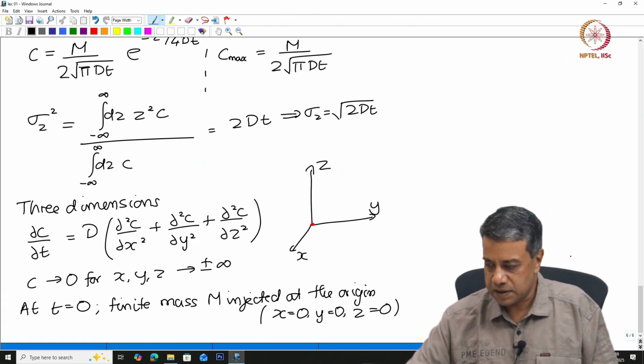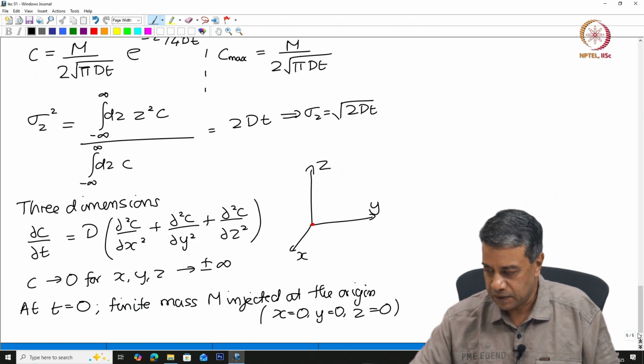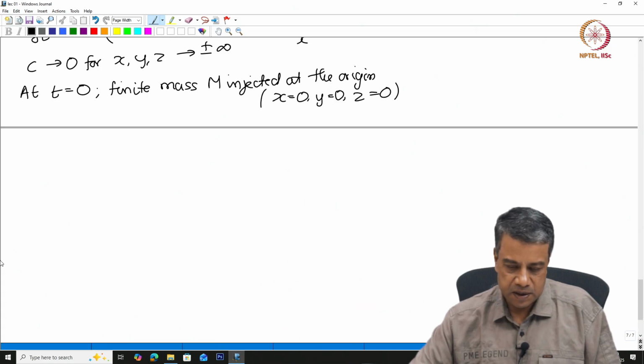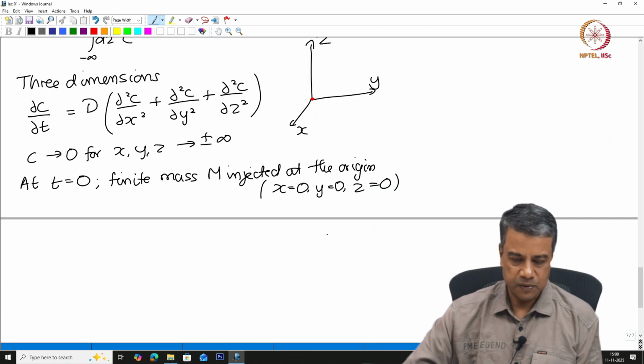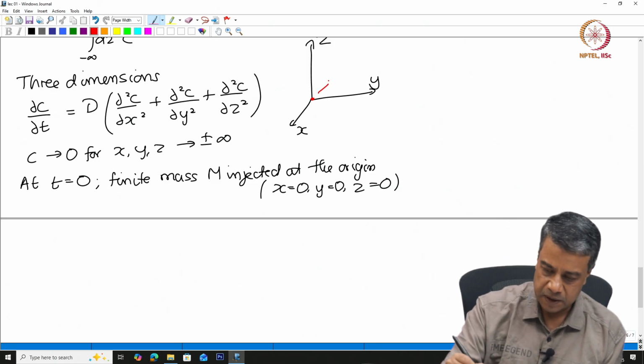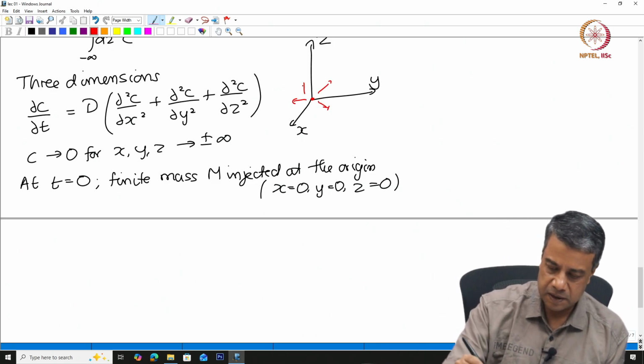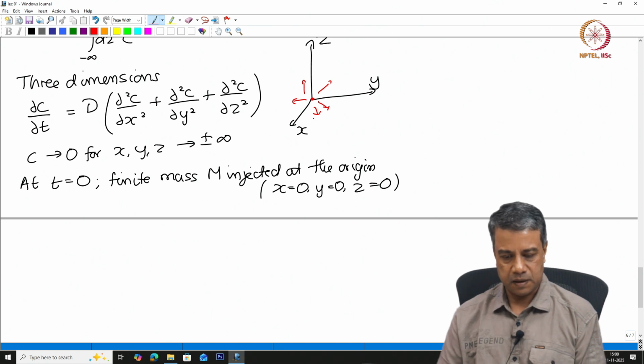At this location, I inject a finite amount of mass m. And then I want to ask, how does this concentration spread as time progresses due to diffusion, in 3 dimensions?